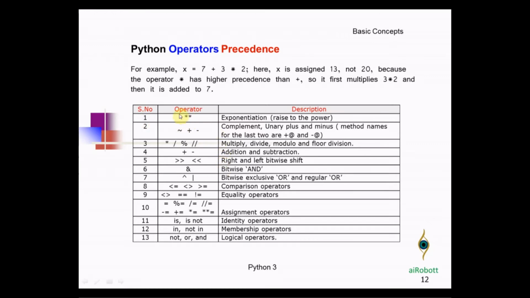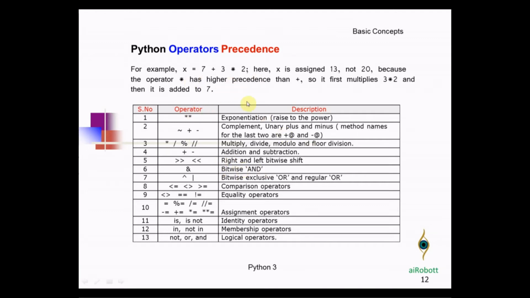Number 1 is the highest priority. First priority is exponentiation, next complement, unary plus and minus, and third priority is multiplication, division, modulus and floor division. The fourth priority is addition and subtraction, and next the right and left bitwise shifts. These are all given from the highest precedence to the lowest precedence.